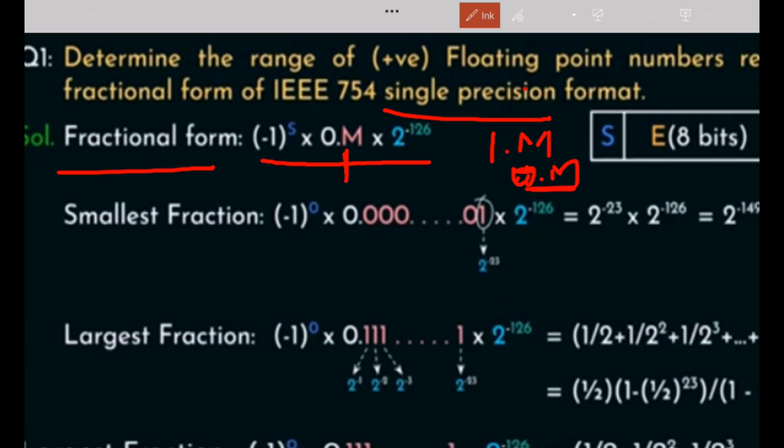I am using 0.m because I want a pure fractional. In this condition it should be 127, but I am writing minus 126 because of this reason. Okay, so minus 1 to the power s, 0.m, 2 to the power minus 126. I think that you understand.